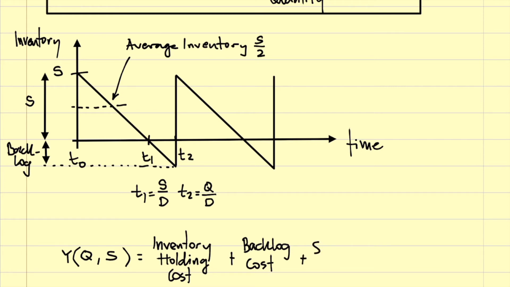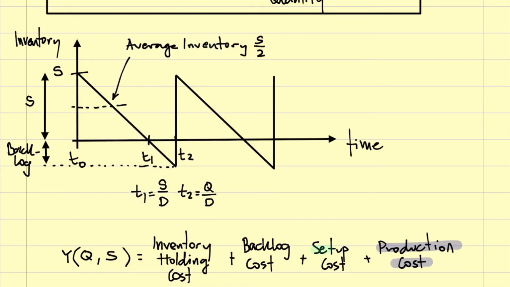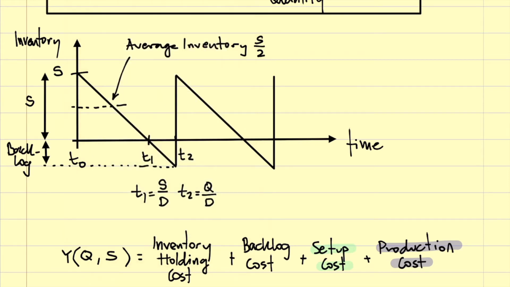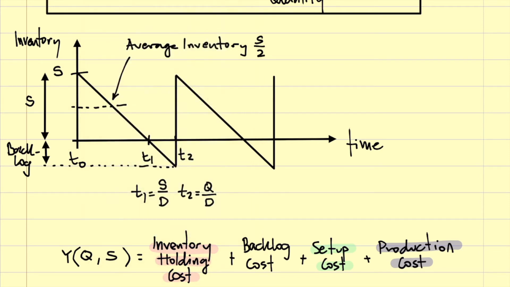Then we have the setup cost plus the production cost. So here you notice we have an additional level that is related to not being able to deliver to the customer, which is this backlog cost.